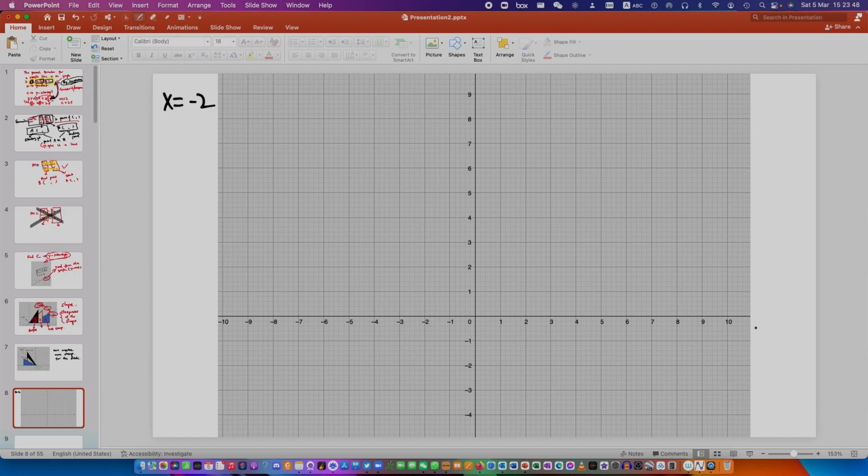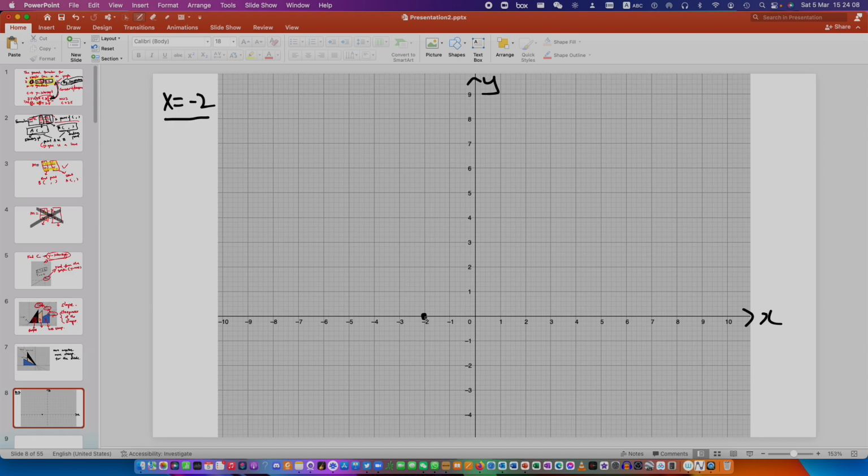So where is your x equals -2? By the way, this is your x-axis. This is your y-axis. Where is your x equals -2? Okay, you stand up and point to me. Here, right? What's the meaning of x equals -2? It means this point.